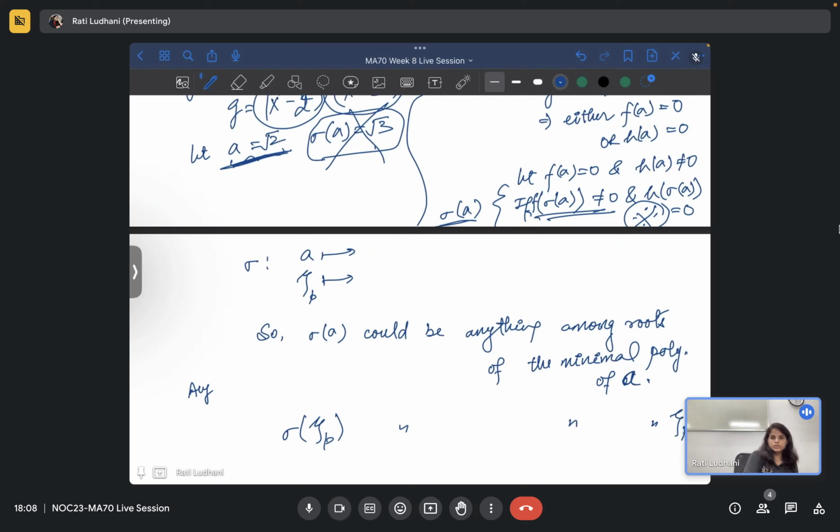The root should be from L, because these are elements from L, the extension field we are considering. Okay, very good.